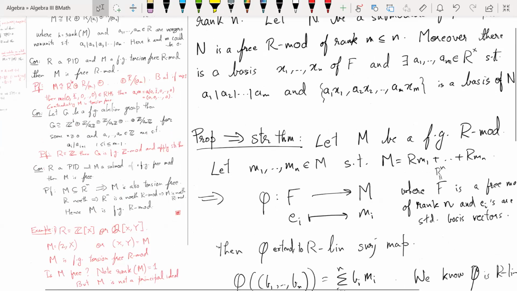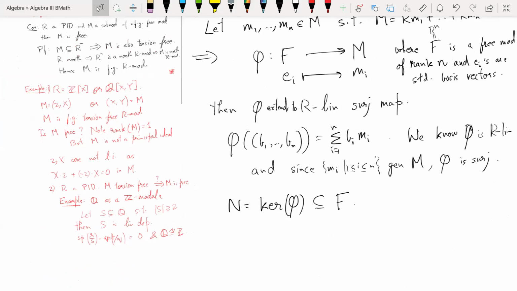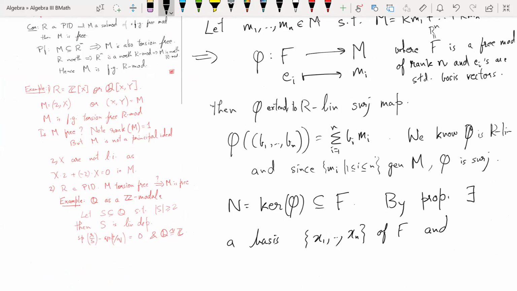Now by the proposition, there exists a basis x1 to xn of F, and a1 to am.